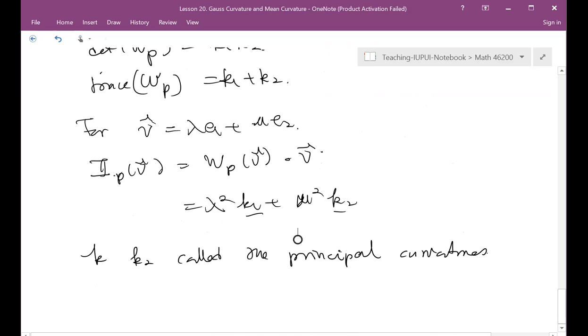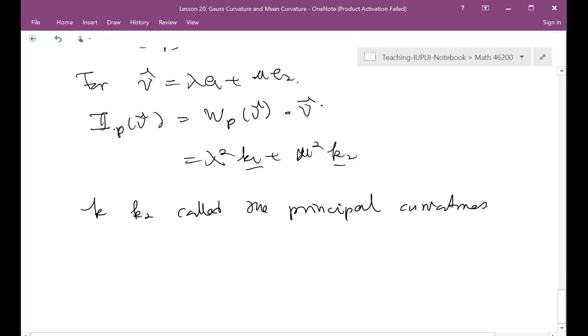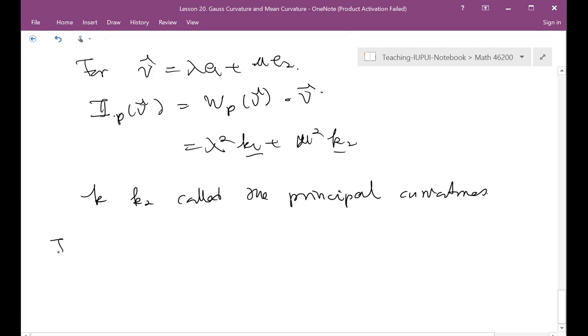But sometimes it is much more difficult to get the principal curvature than the determinant.